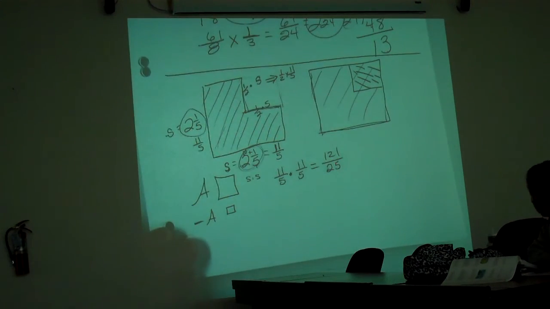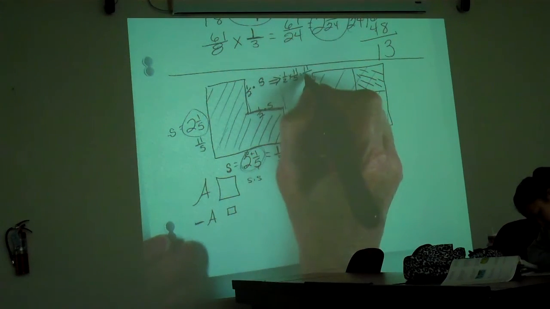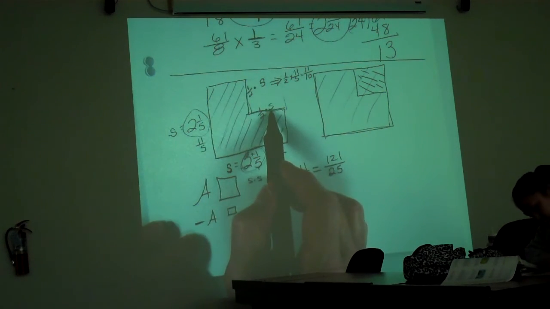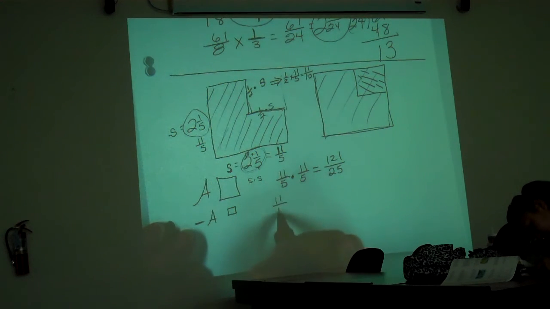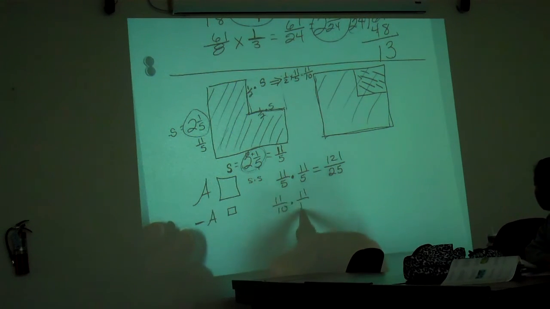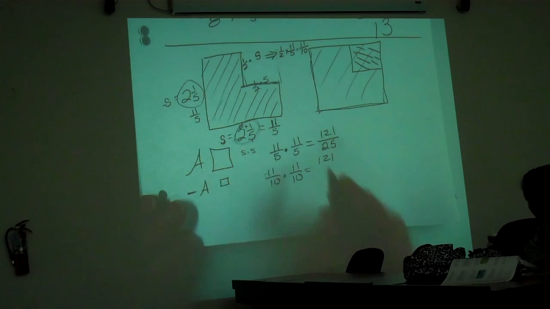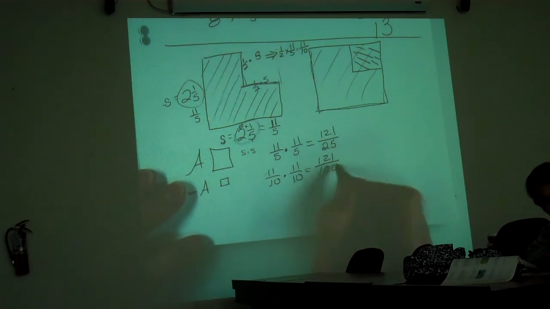So it's 11 over 10, right? 1 times 11 is 11, 2 times 5 is 10. So both of these sides will be 11/10. 11/10 times 11/10. Okay, the top number stayed the same, 121. 11 times 11 is 121. 10 times 10 is 100.